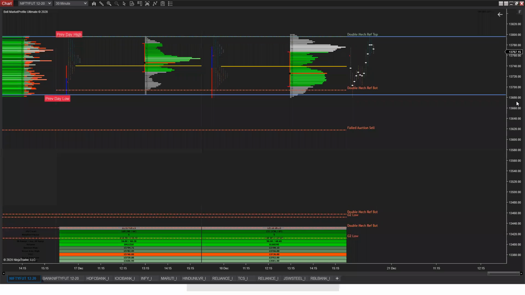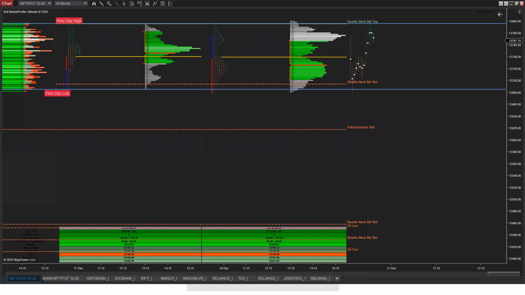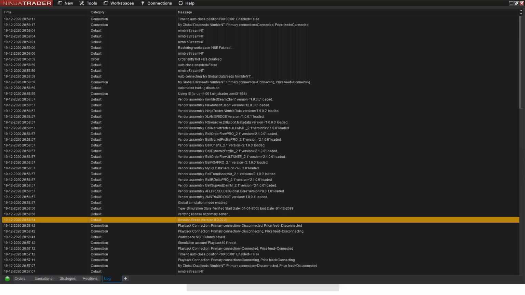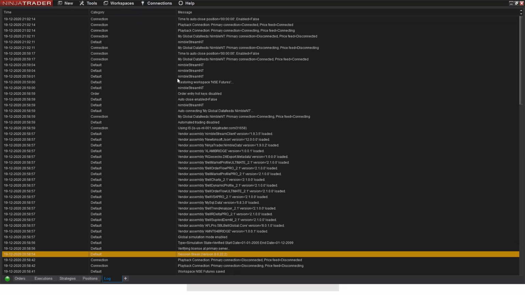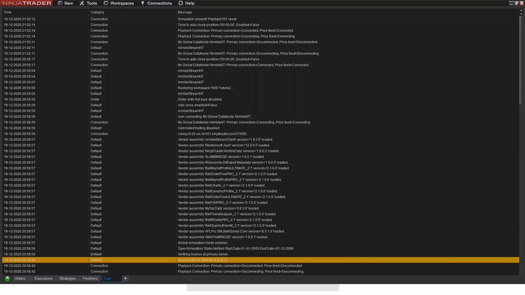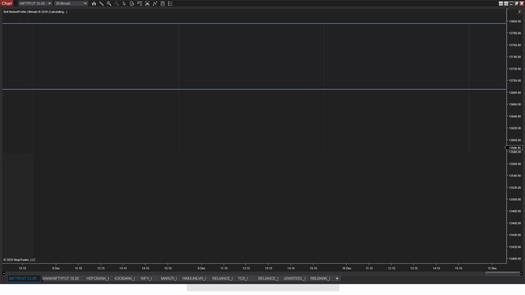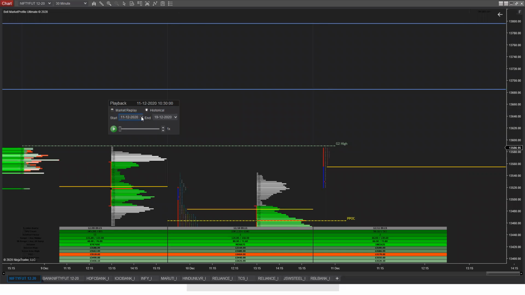And now what I'm going to do is simulate last Friday's activity. I'm going to disconnect the data and go to the playback connection. And now it should be coming in. Almost, it came here. I'm going to do the playback of last Friday's activity.